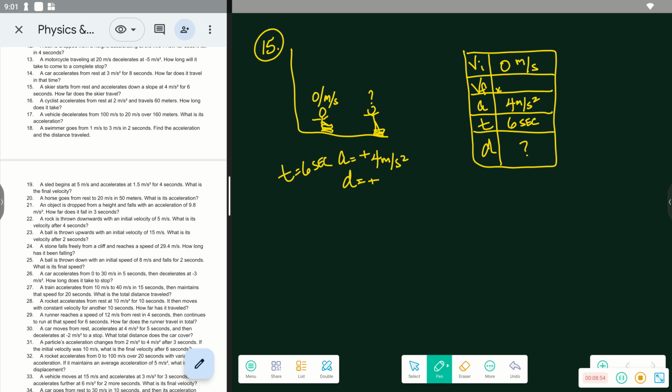All right, so again, you're going to use D equals 1/2. Nope. Well, it really is VI times T plus 1/2 AT squared, because in this case your initial velocity is 0 anyway.